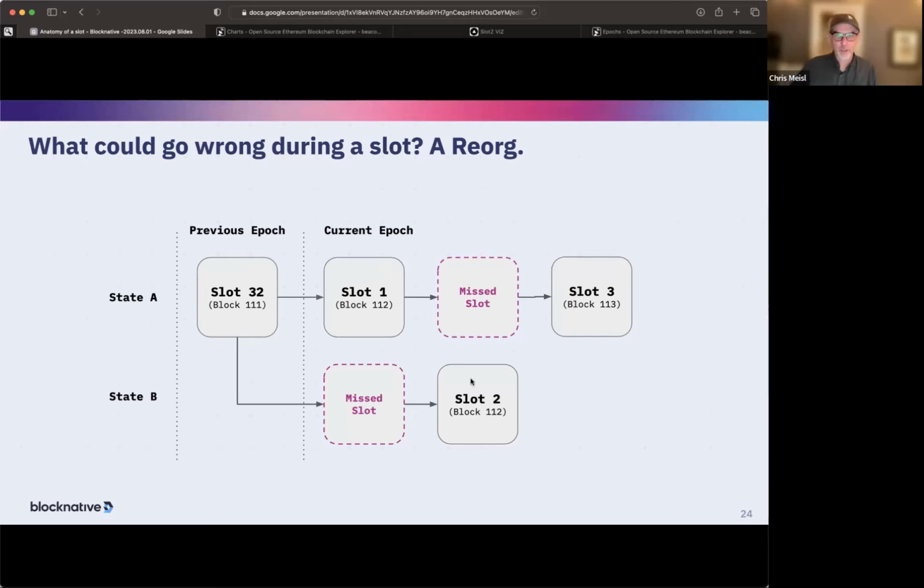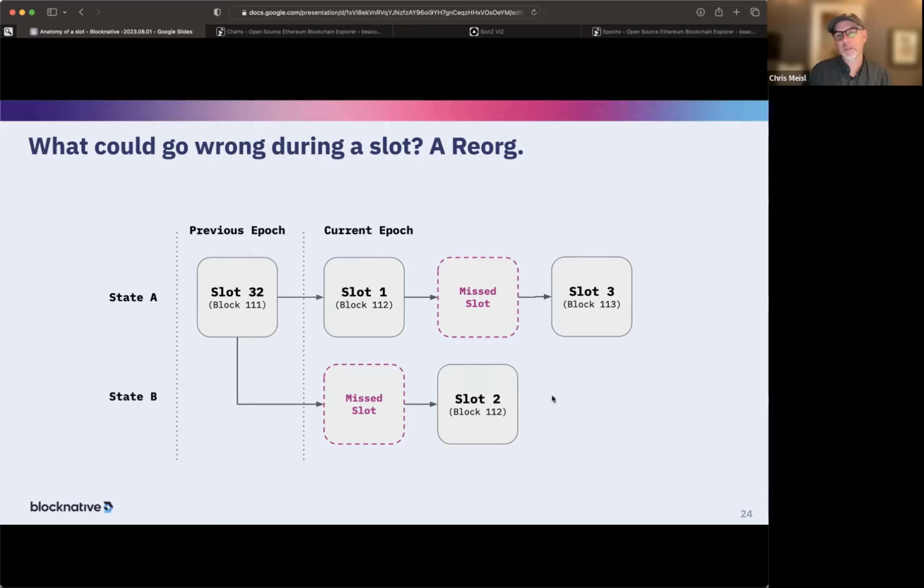So when it's their turn to do a proposal, they think from their perspective that the previous slot was missed, that the current head of the chain is block 111, which is in slot 32. So they will propose block 112 here, but of course it now belongs to slot 2.